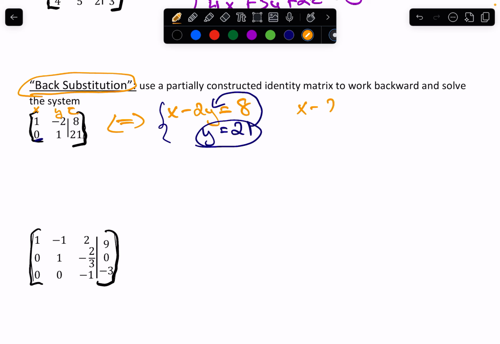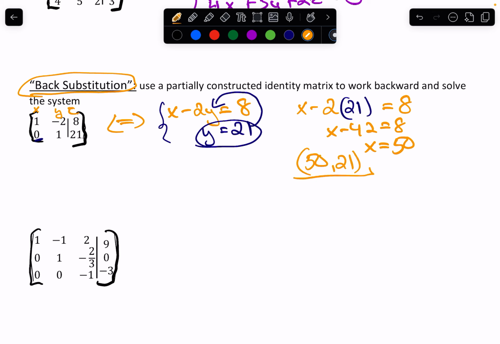So x minus 2 times 21 equals 8. And we solve. We get x equals 50. So our answer for this one is x is 50 and y is 21. So it's an ordered pair, 50, 21.